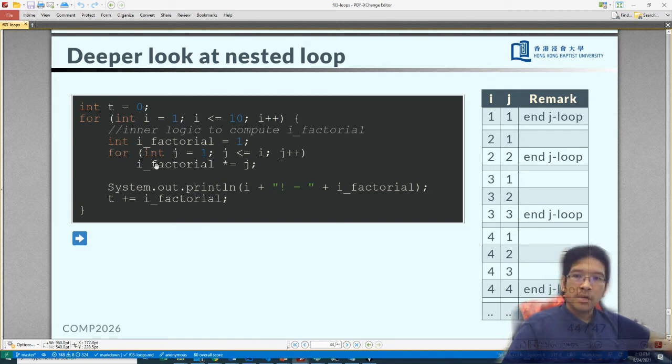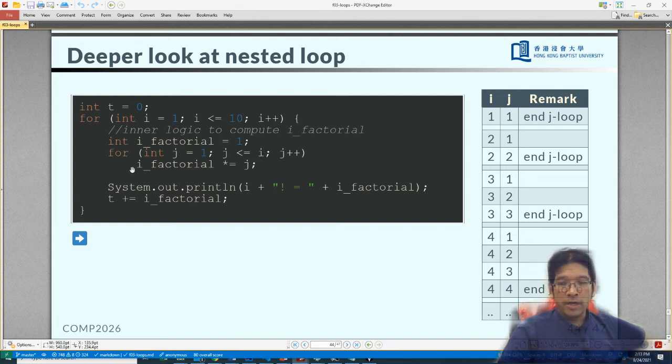So for the first round, when j equals 1 and i equals 3, i factorial equals 1. In the next iteration of the inner loop, j becomes 2. 2 times 1 becomes 2, and we assign this 2 into i factorial. Then j becomes 3. 3 is still less than or equal to 3.